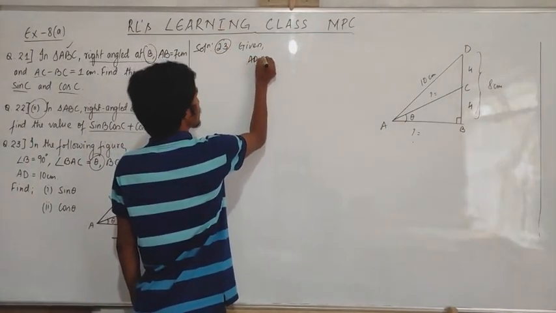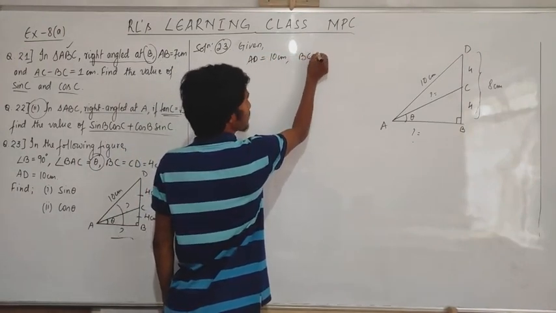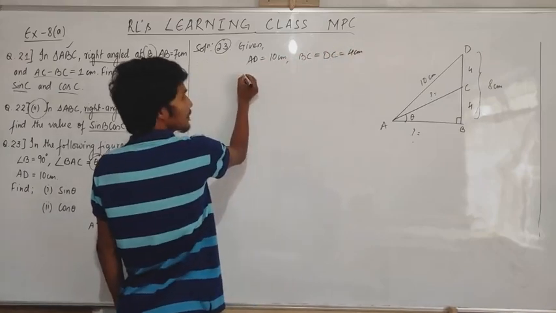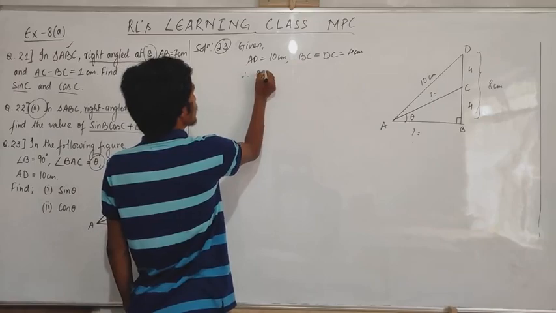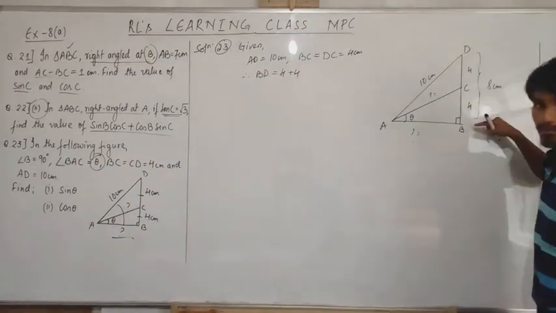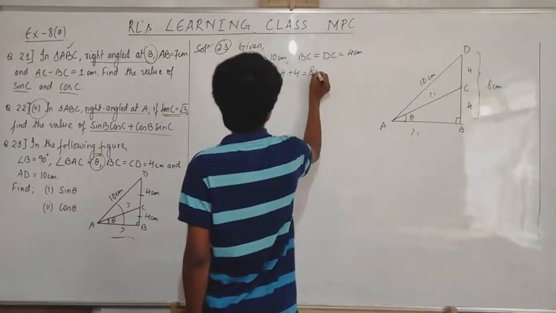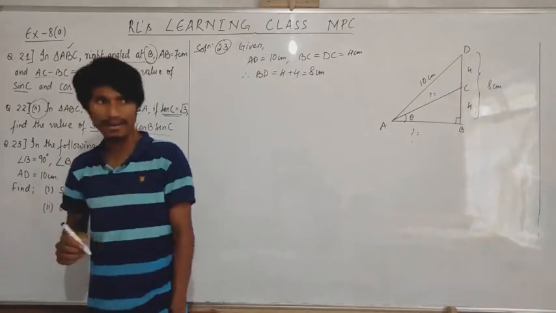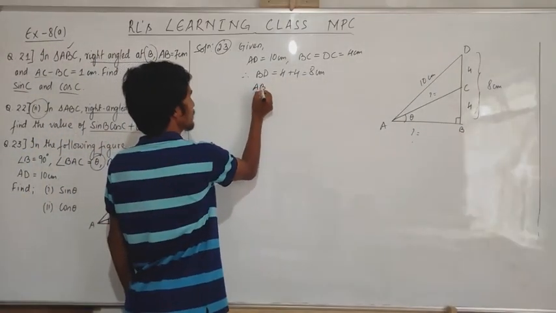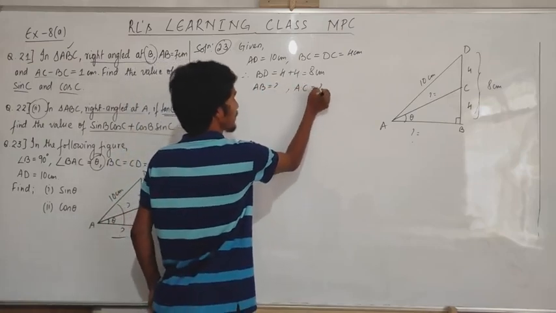Given, AD is equal to 10 centimeters, and BC is equal to DC is equal to 4 centimeters, and therefore BD is equal to 4 plus 4, which is equal to 8 centimeters. And AB we don't know. AB we need to find, and then AC also we need to find.